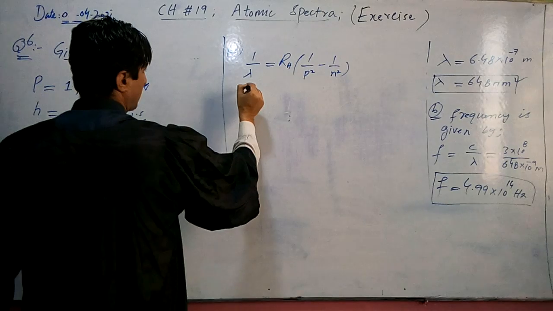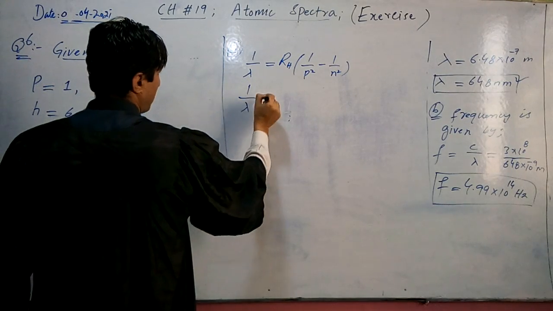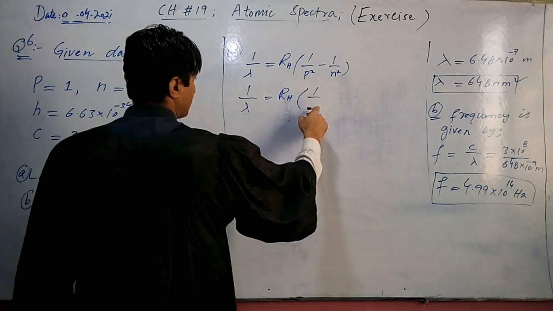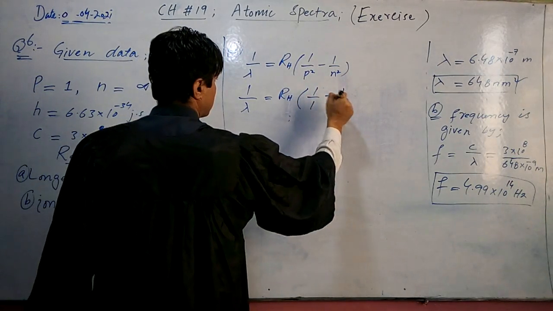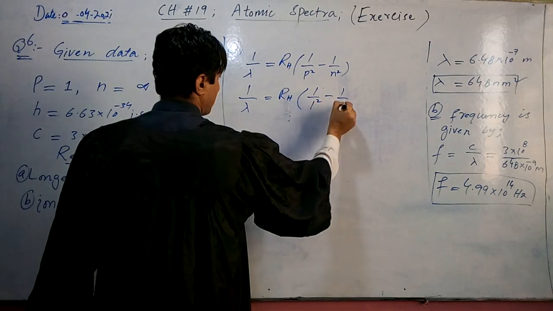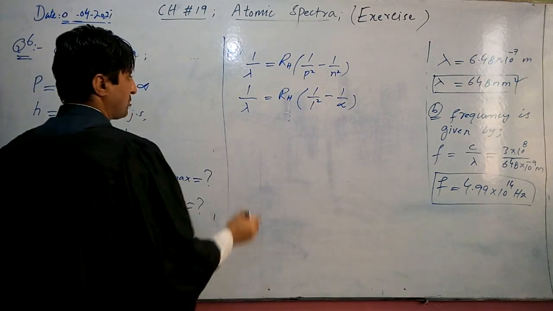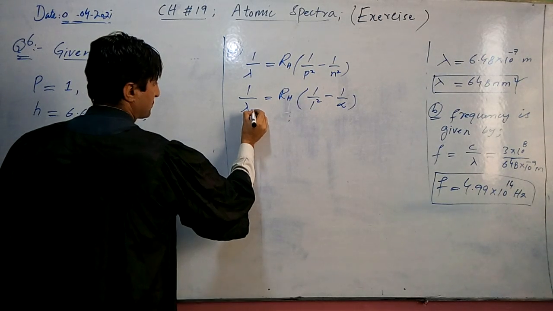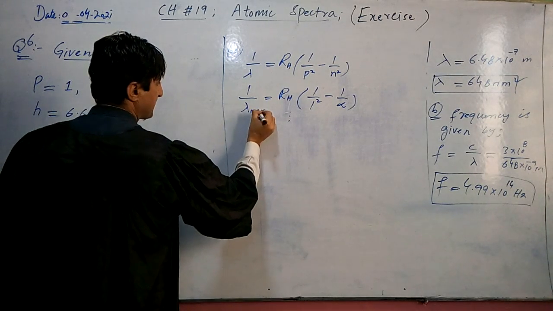Putting the values here, 1 upon lambda equals Rydberg's constant, 1 upon p, which is 1. Instead of n, we have to put infinity. So if we put infinity, this will give the maximum wavelength.